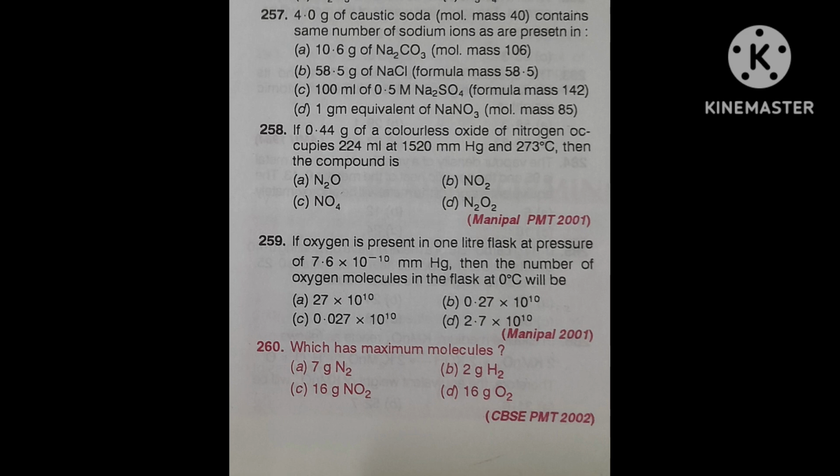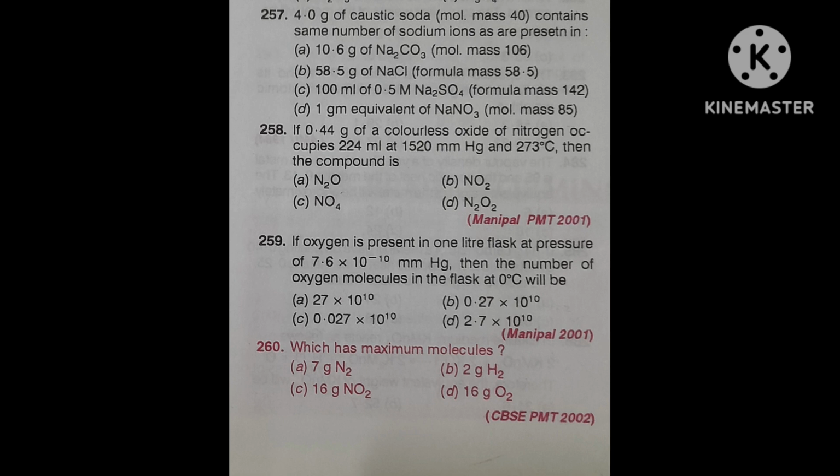Then in 100 ml, how many moles? Just multiply, you will get 0.05. Correct? 1000 ml contains 0.5, then 100 ml will be less, 0.05 mole sodium sulfate.